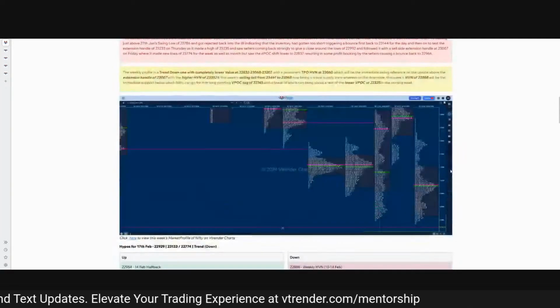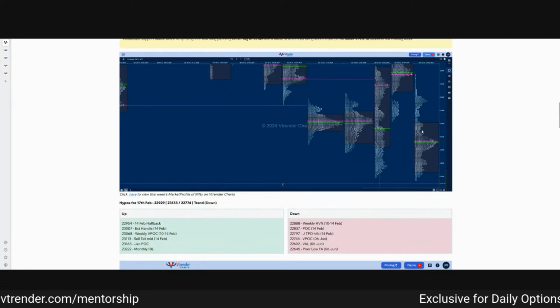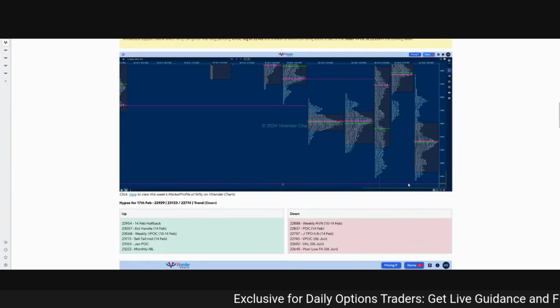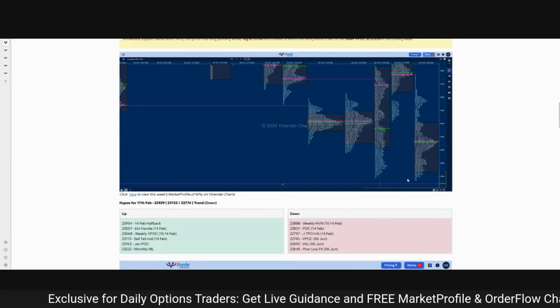The weekly profile was that of a trend one to the downside with completely lower value, and we were looking for a tag of this lower weekly VPOC 22745, which has been dodging us for the last 3 weeks.